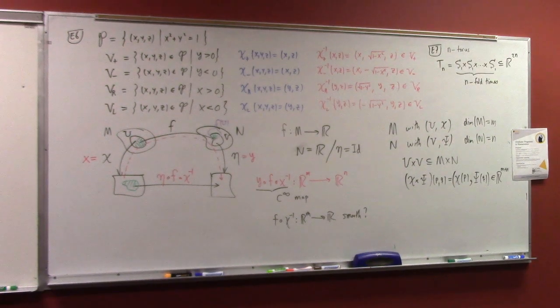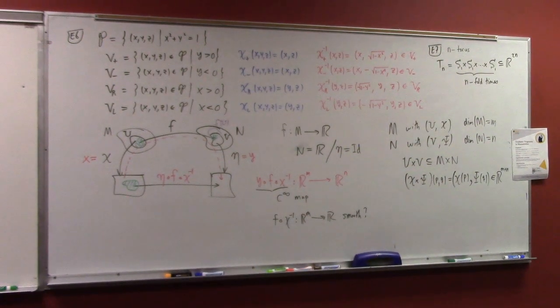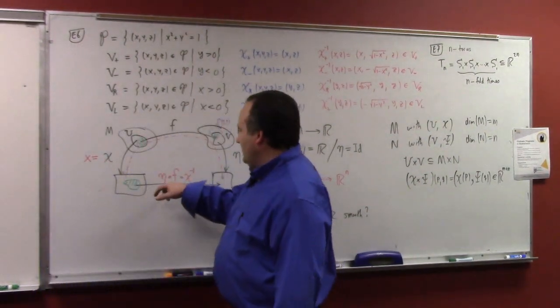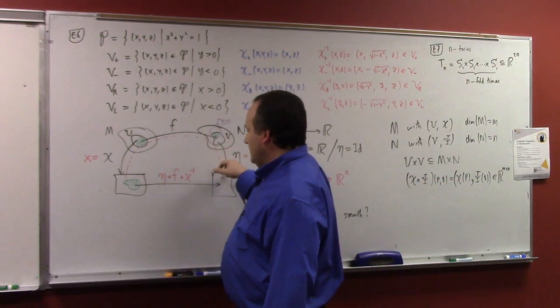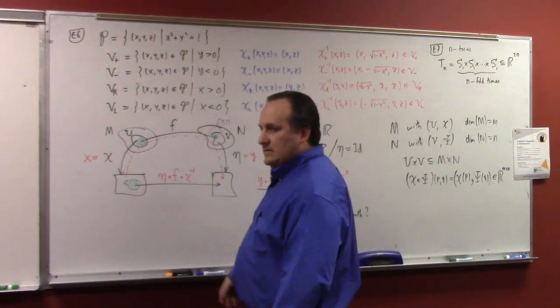Why do we only care about this section of the range of f that intersects the domain of eta? Because that's all I can care about. It's not proper to even ask what eta does if f maps to someplace outside the domain of eta; I can't take eta of it.